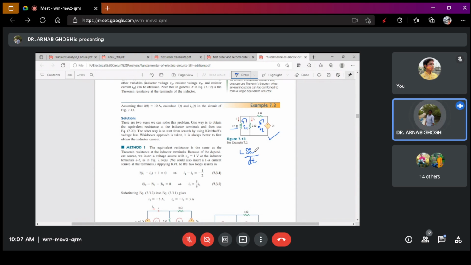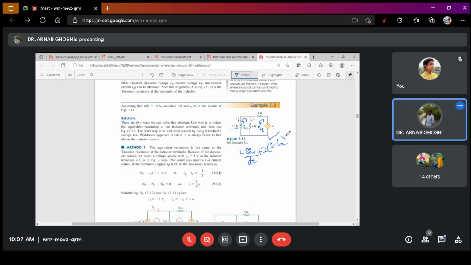So this will be L di1 by dt, the voltage across the inductor, plus 2 into (I1 minus I2). This will be equal to 0. So this is the voltage equation for the first loop.